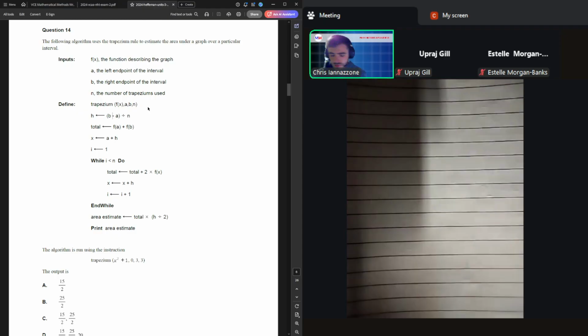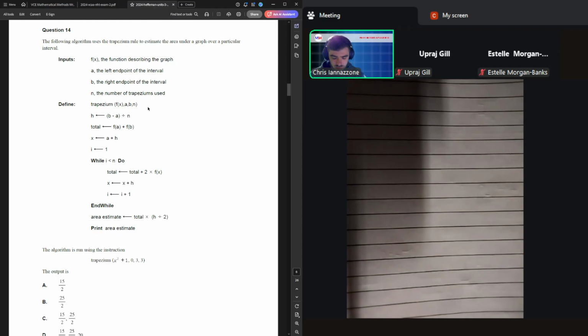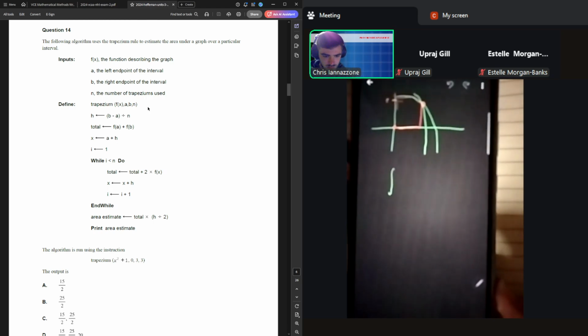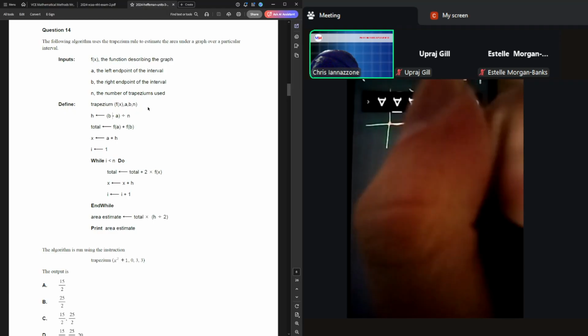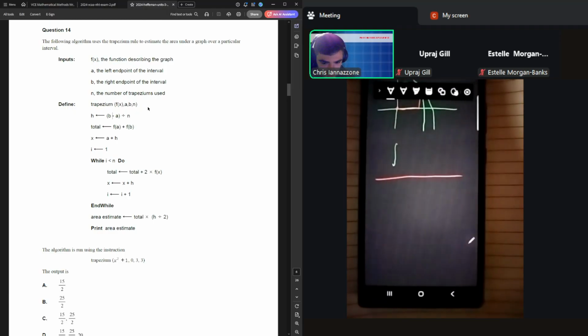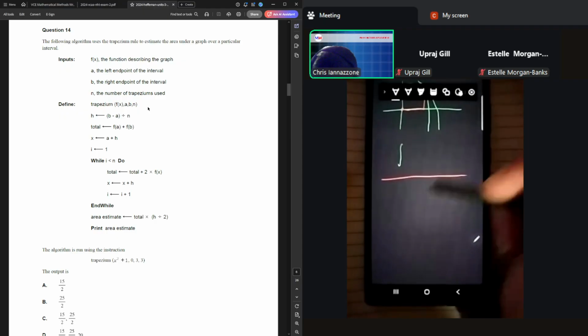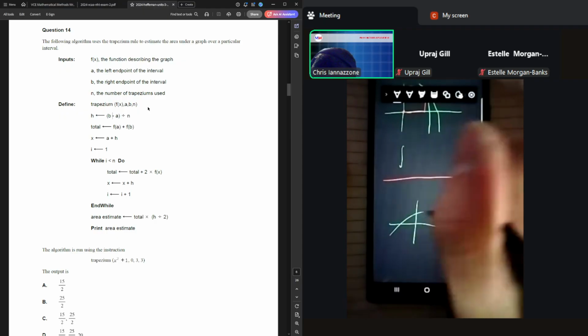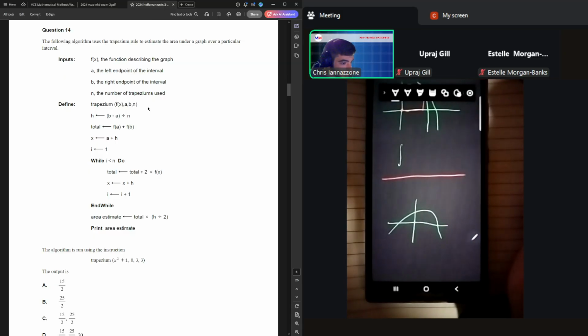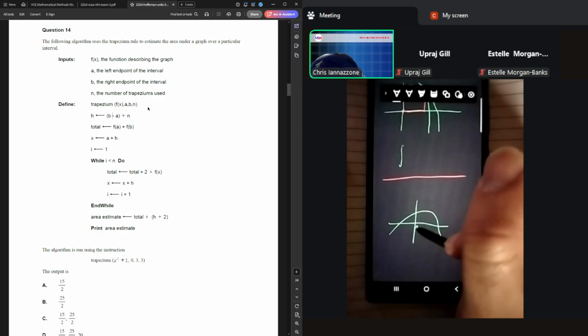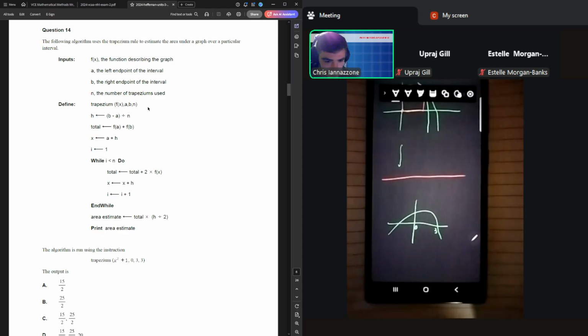In fact, what I should probably do is show what's going on there. I'll just pull out the phone for some notes. There we go. That's better. Cool. So what we've essentially achieved there is we've got some function from A to B. I guess in this case it's from 0 to 3, so let's just pretend it's there to there.